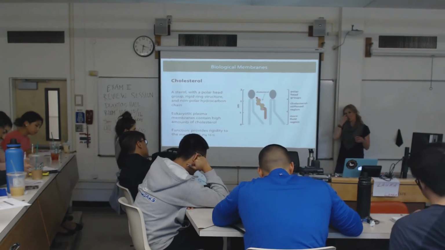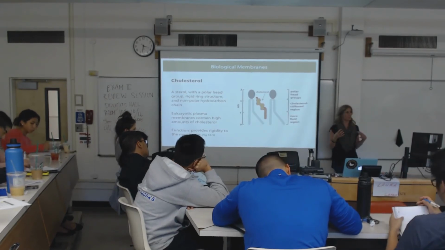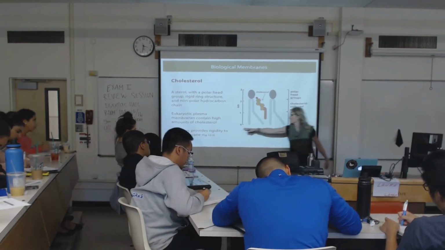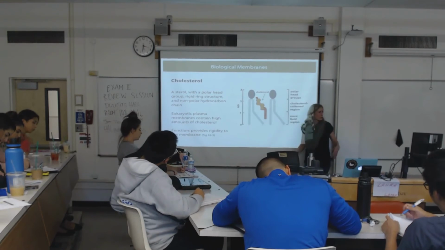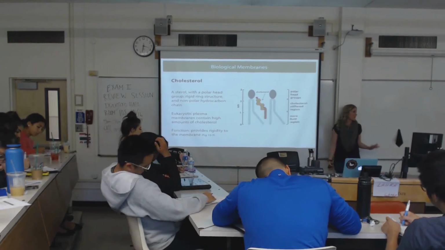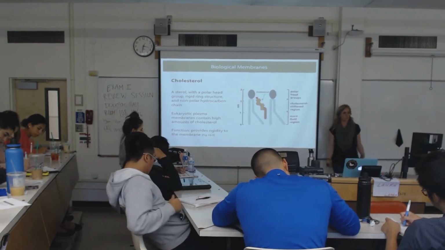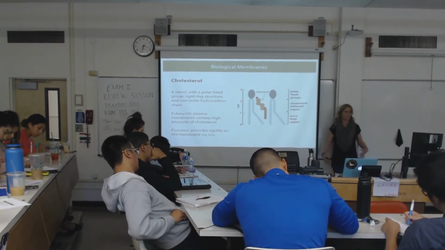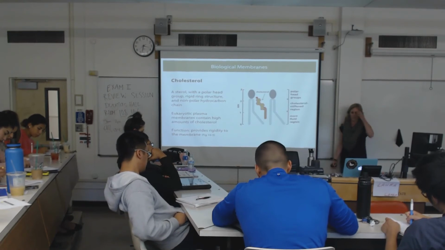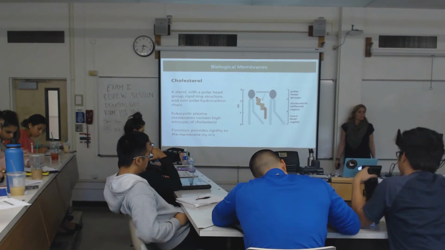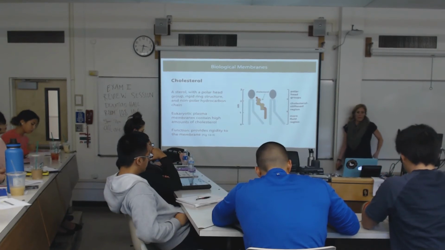And so cholesterol can help confer rigidity to membranes. So the more cholesterol, the more rigid. Like anything in the cell, it's always trying to strike a balance. You want some cholesterol, but not too much. And so cells are constantly trying to regulate the level of cholesterol in their membranes.